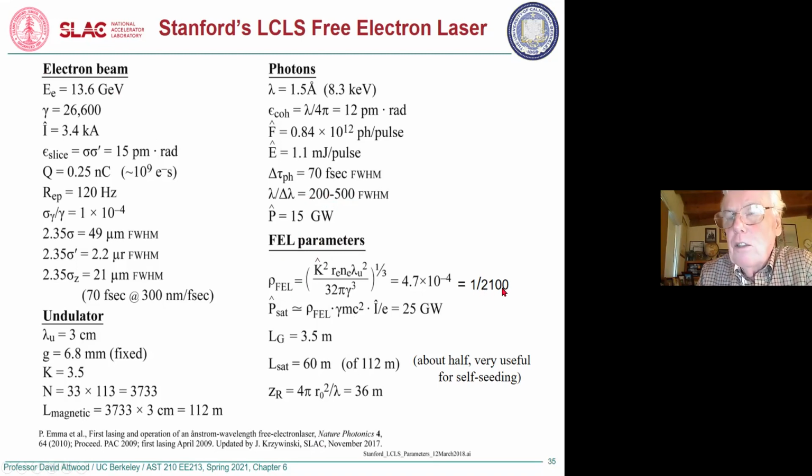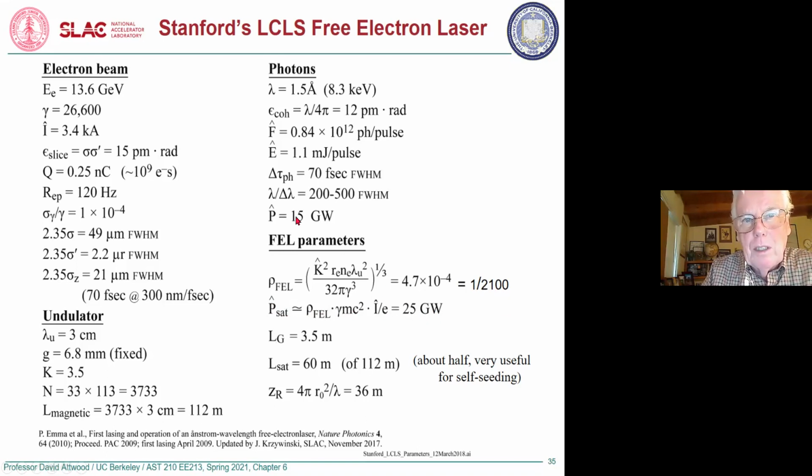And if you look at the slides I posted the other day, I think this is slightly different. As I went through preparing for the lecture earlier today, I noticed a few inconsistencies. This was one of them. Okay, and if you take this P saturation, as Claudio Pellegrini and his co-authors would say, the saturated power would be about 25 gigawatts.